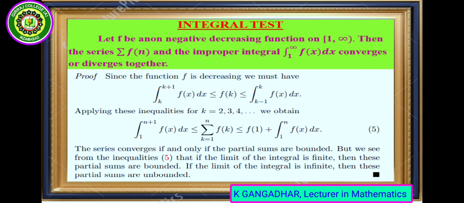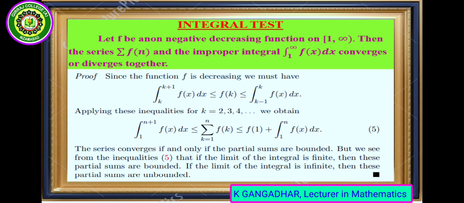So the series converges if and only if the nth partial sum sequence is convergent. The nth partial sum sequence being convergent means it is bounded, since we know every convergent sequence is bounded. But we see from inequality 5 that if the limit of the integral is finite, then these partial sums are bounded.